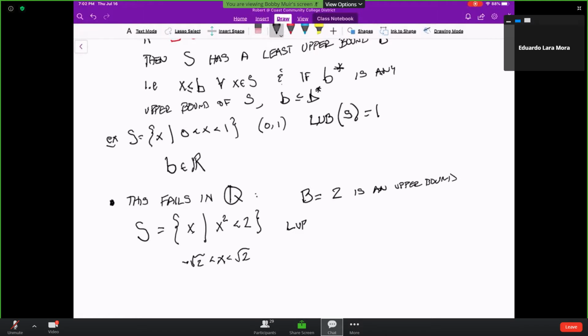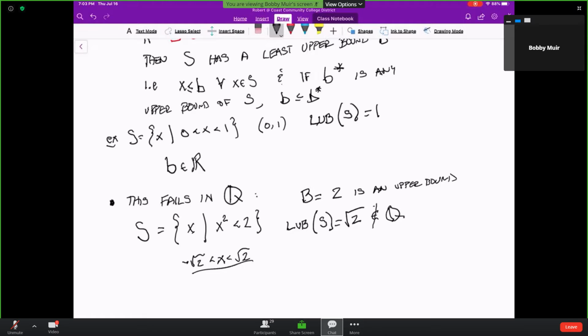The least upper bound of S is the square root of 2, right? Oh, so it's not negative. It's not negative. Well, no, we're just talking about the upper bound. Oh, okay. And this is not a rational number.